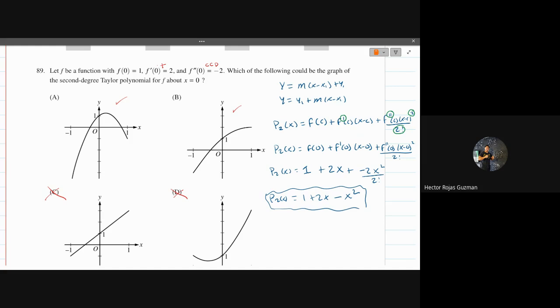Well, they're both concave down. Why don't we just pick a number? Let's plug in 1. 3 minus 1 is 2. So we're supposed to have the point 1 comma 2. Does this look like the point 1 comma 2? Or does this look like the point 1 comma 2? Yeah, I thought so.